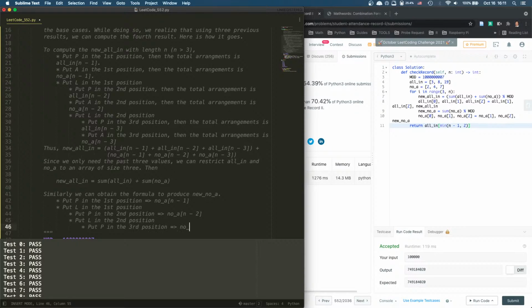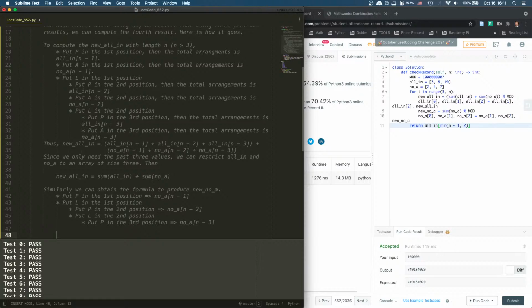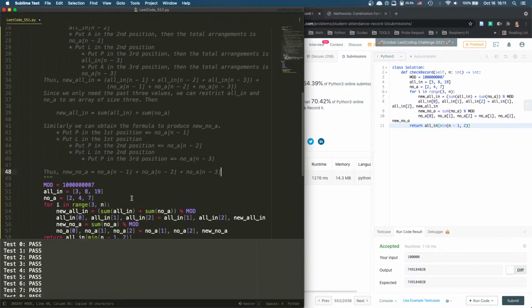This gives us no A n minus 3. And we're done. Thus new no A equals the sum of these.